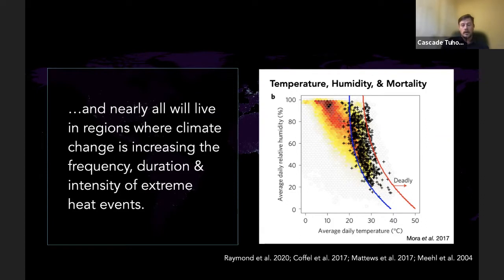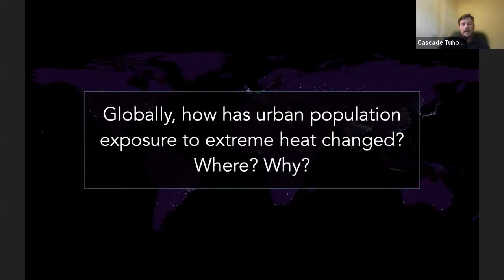At the same time, at present, we don't really have an understanding of where urban population growth is intersecting with urban extreme heat.